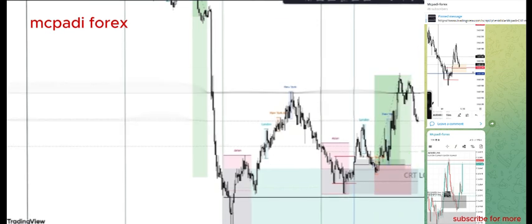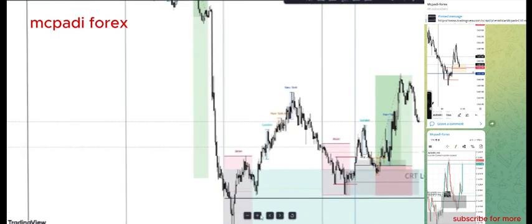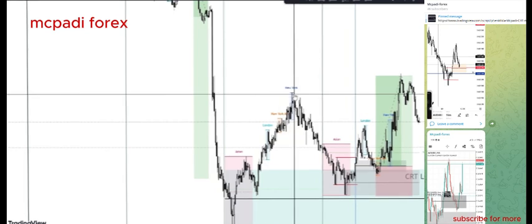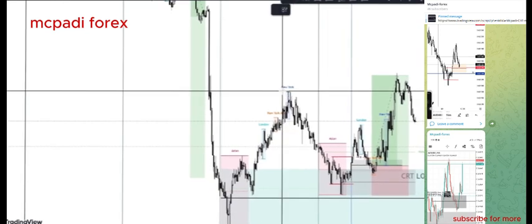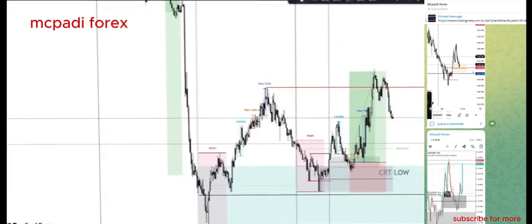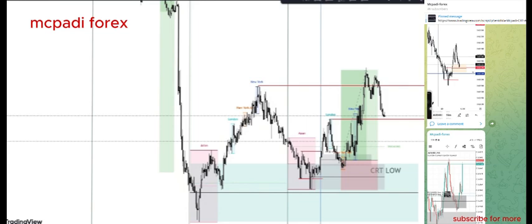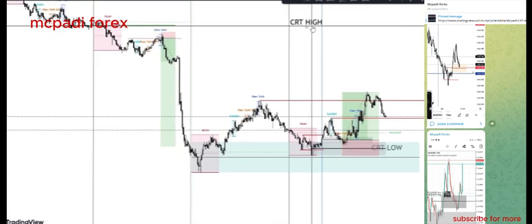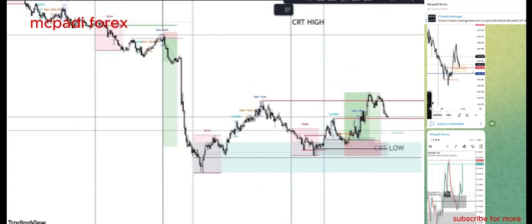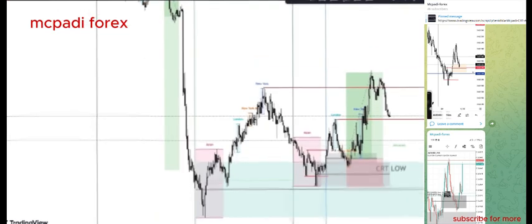I like my 3 hour, or just the previous high here. So sometimes we can take profit here, the previous high here, or here. You can take partials at these levels, but our main target is the high of the CRT, which is here, the high of the CRT.